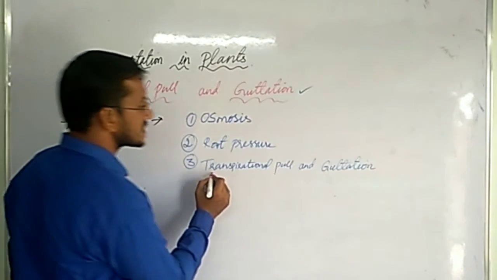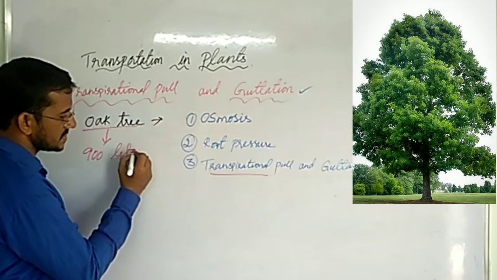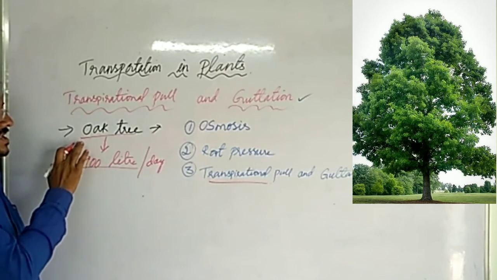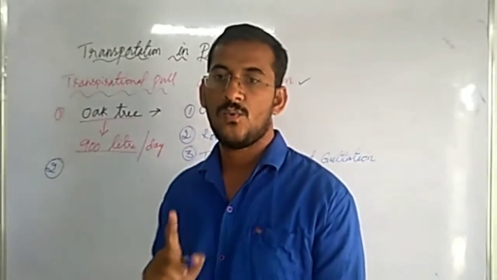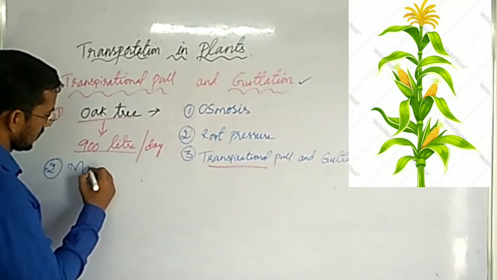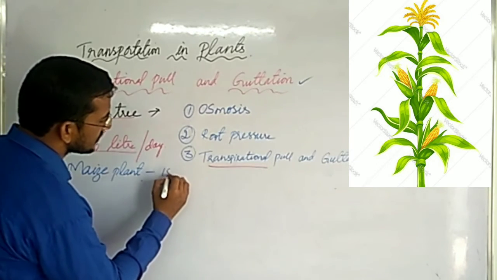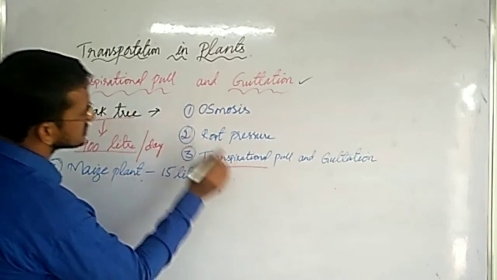Due to transpiration, 900 liters of water is evaporated in the case of an oak tree. In the case of one fully grown maize plant, 15 liters per day is evaporated.